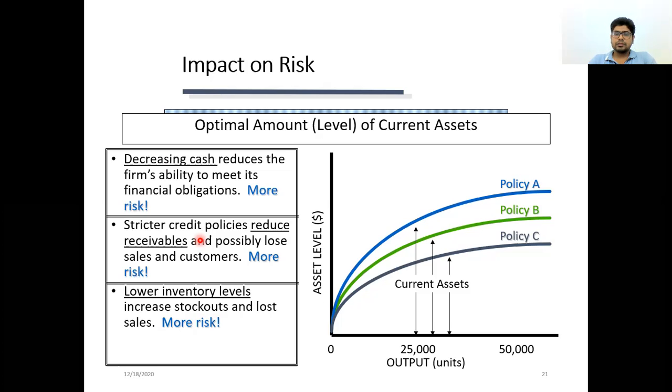And when they are keeping a lower level of inventory, what will happen? Lower inventory levels increase stock out and lost sales. Again, more risk here. In our shop we are not keeping many inventories, only a small number. Then what will happen? Our customers come to our shop.